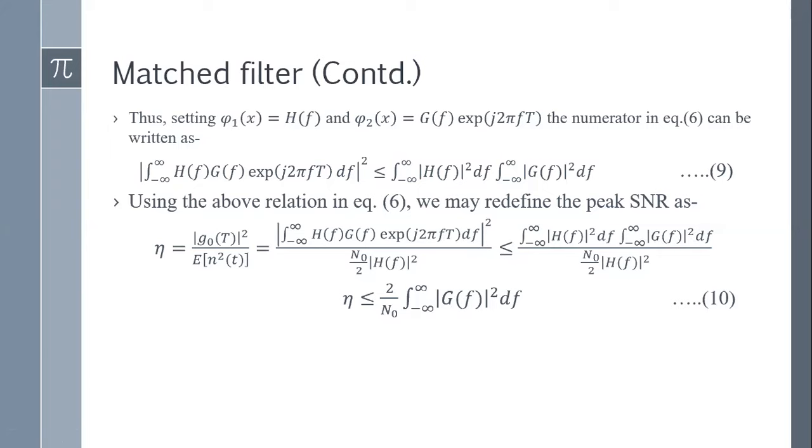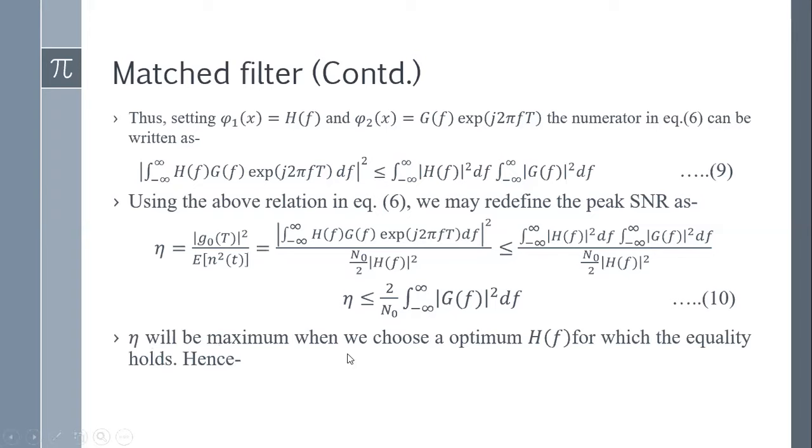So that means now I can write that eta will be maximum when we choose an optimum value of H(f). That optimum value of H(f) is possible if the equality of the Schwarz inequality holds. That means this is the maximum value of the signal to noise ratio when we can decide upon this optimum value of H(f).